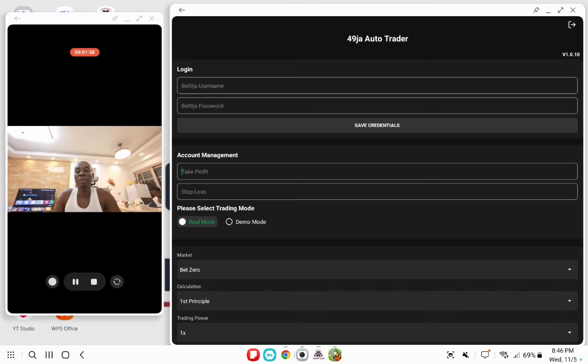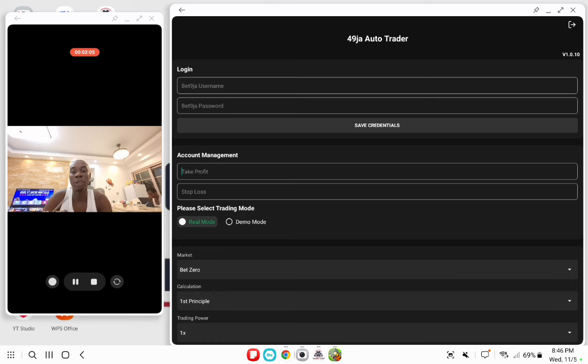Now I have introduced a stop loss and a take profit. In the stop loss, let's assume that in casino, mostly the logic we use is quite complex. We use a calculation-based approach on the system, so you need enough trading power to keep your account safe.